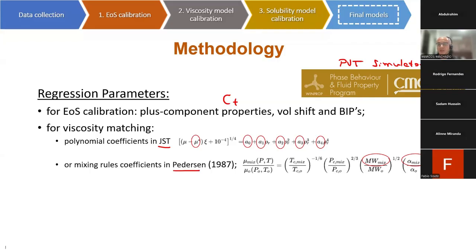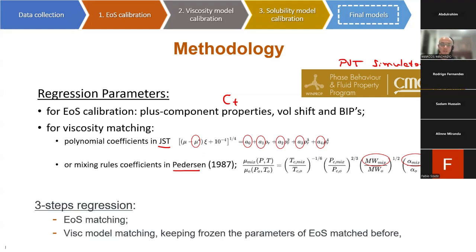Most of the models use JST because JST is more flexible, so it has more degrees of freedom, and it's easier to match multiple PVT viscosity data with JST. Peterson has good application, but as I said, especially for heavy oil.